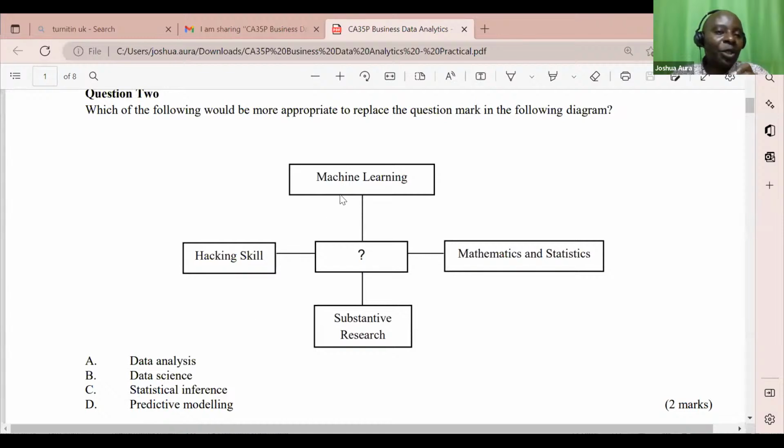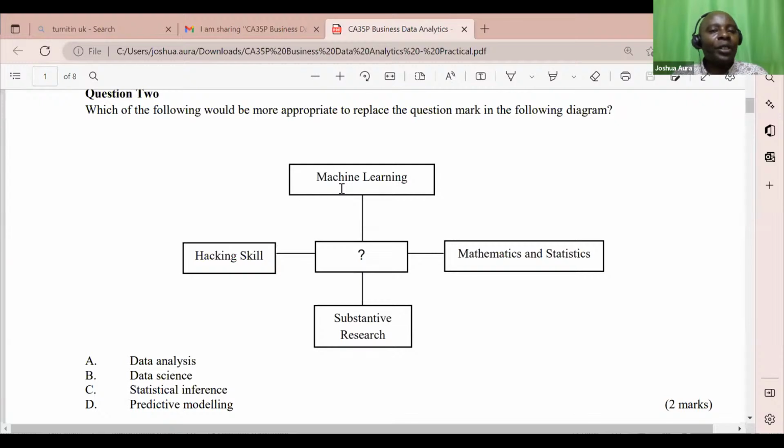But anytime, ladies and gentlemen, we talk about data analytics, always think about machine learning, the AI, like artificial intelligence. So you're using, for example, ChatGPT to do our research, to bring out the data that we need.